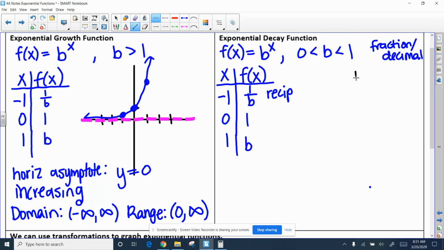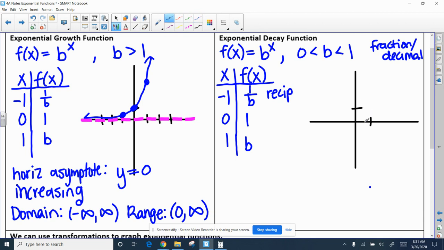All right, so on an exponential decay function, this function is also going to have a point at 0, 1, and a point at 1, 1 over b. Since b is a fraction, this number is going to actually be bigger than a fraction.